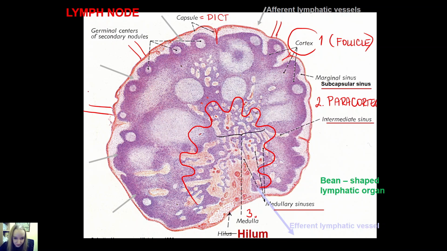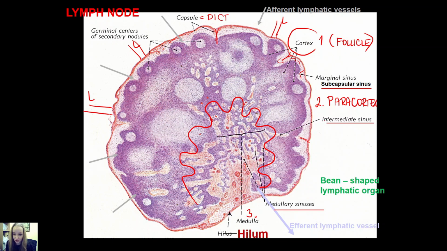And the lymph, which is inside these lymphatic vessels, is poured into the sinuses that are located inside the lymph node. And we differentiate many types of sinuses. First type, the biggest sinus over here, which is really close to the capsule, under the capsule right here, is called the subcapsular sinus. It's a very big sinus containing lymph. It's not lined with anything, it's just the open space that contains the lymph inside.